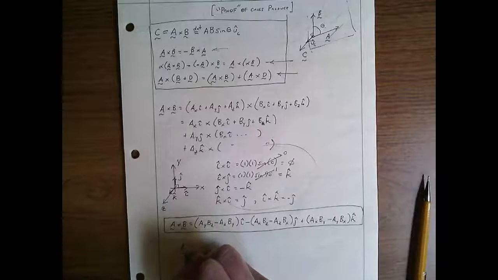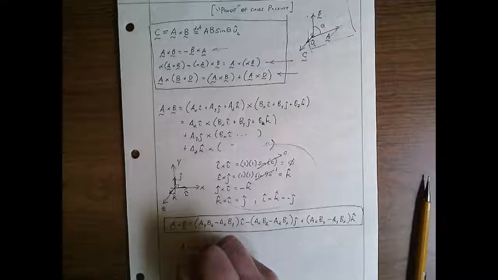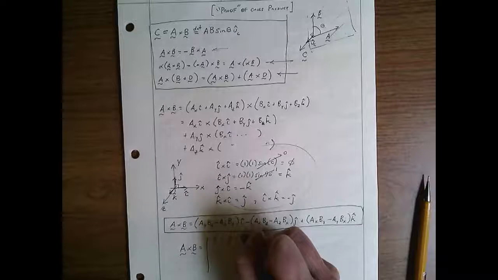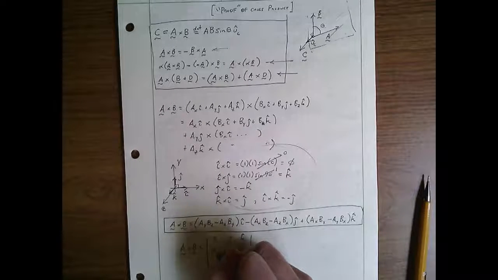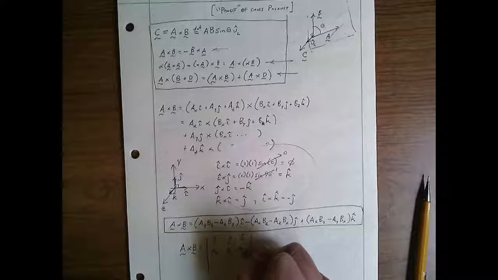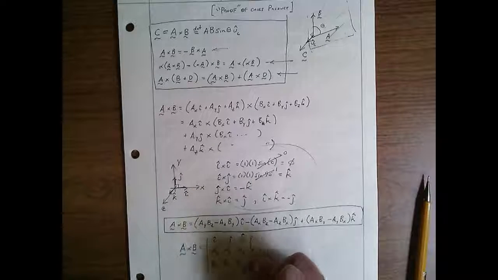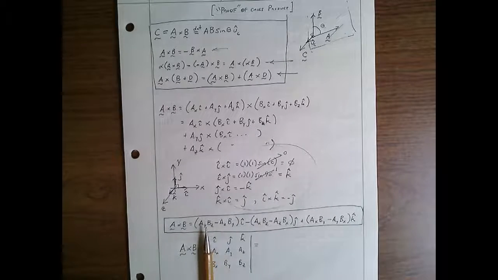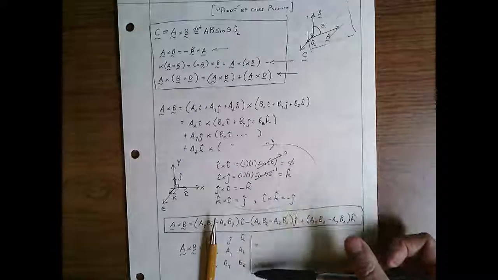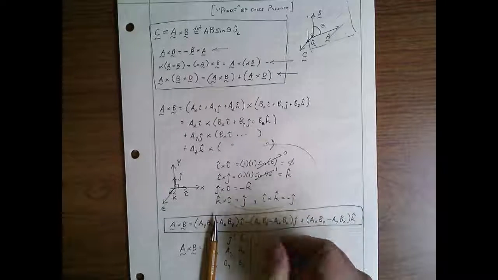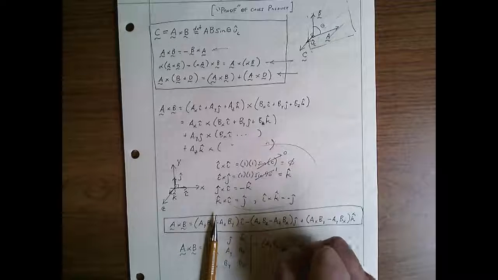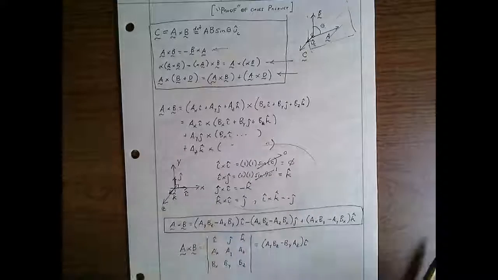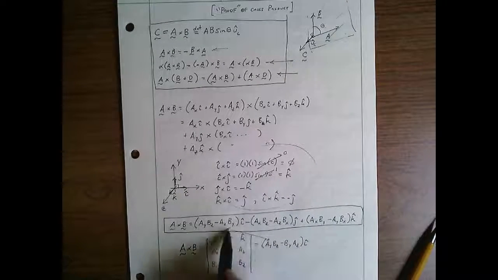A cross B, if I set up my determinant, I, J, K, my little determinant trick, right? I get AX, AY, AZ, BX, BY, BZ. So for I, I'm blocking this column and this column. I get AY BZ minus BY AZ, I hat. These two terms are the same. Look at that.